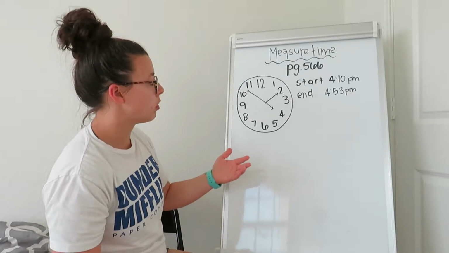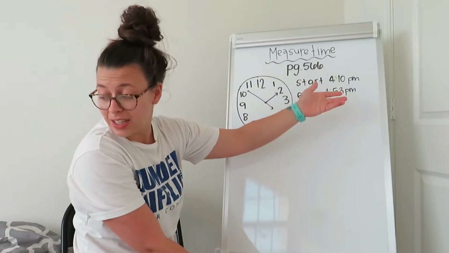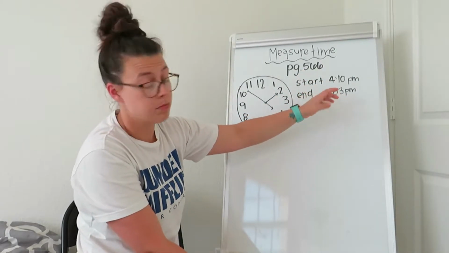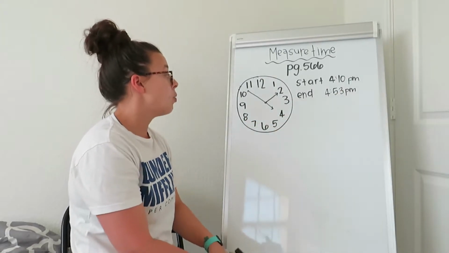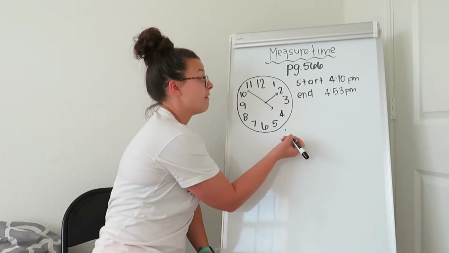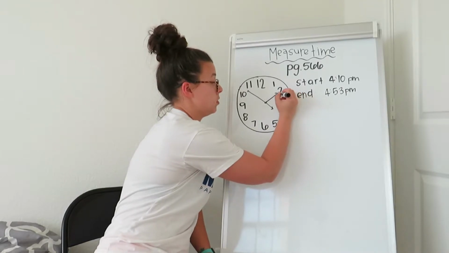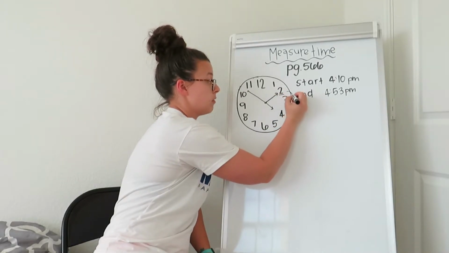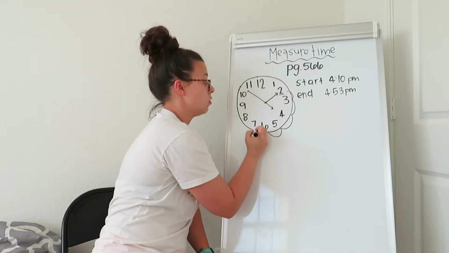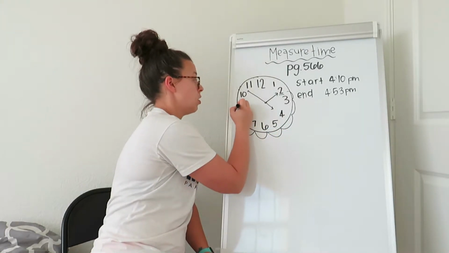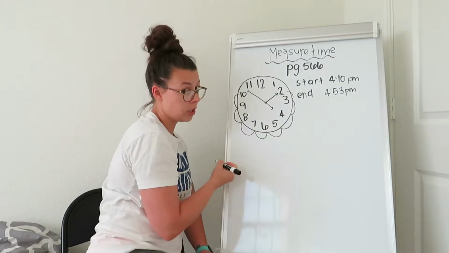So now we need to figure out how long is in between our start time being at 4:10 and our end time being at 4:53. So we're going to start counting by 5s. So here we go. And it's going to be 5, 10, 15, 20, 25, 30, 35, 40.